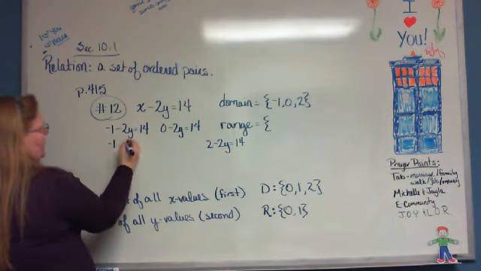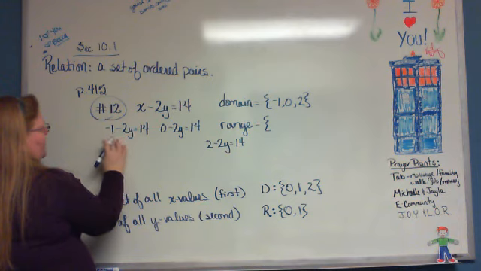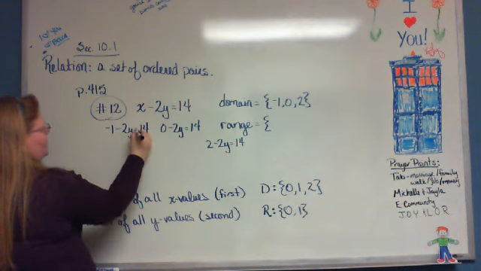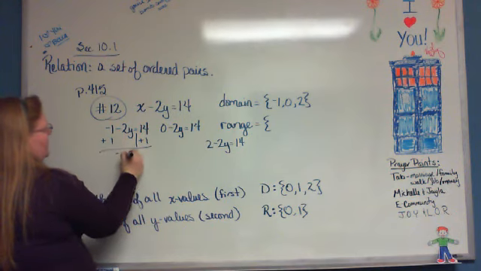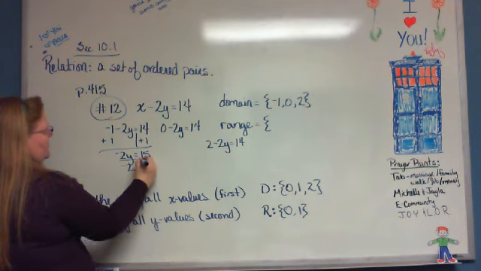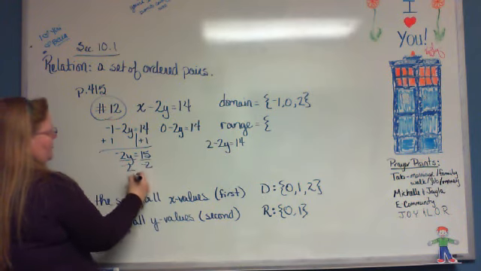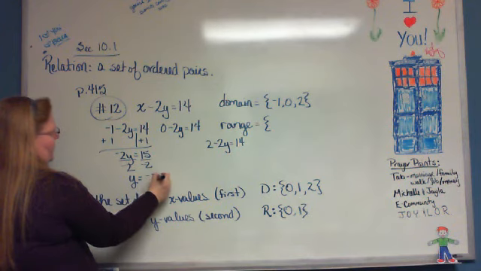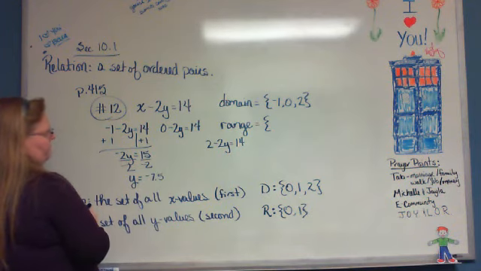So that's going to give me negative 1, add 1 to both sides. Negative 2y is equal to 15. Divide by negative 2. Y equals negative 7.5. I'm okay with that.